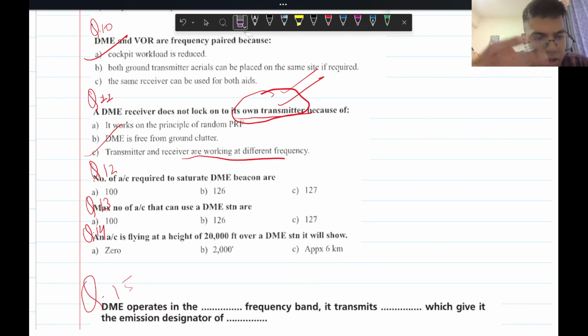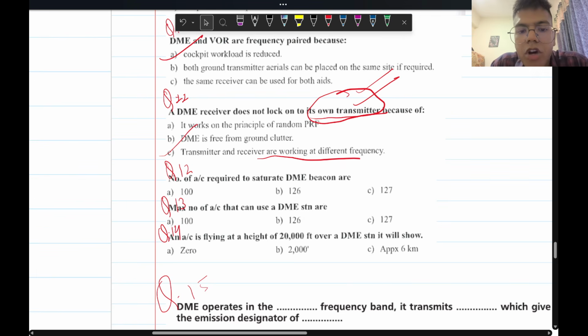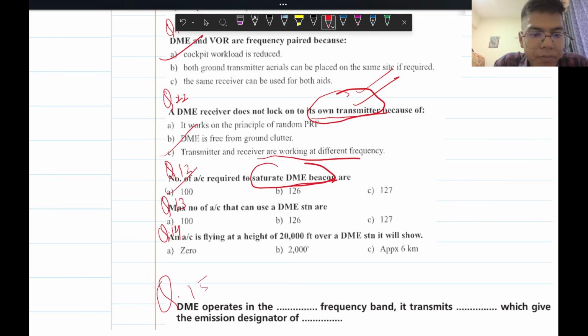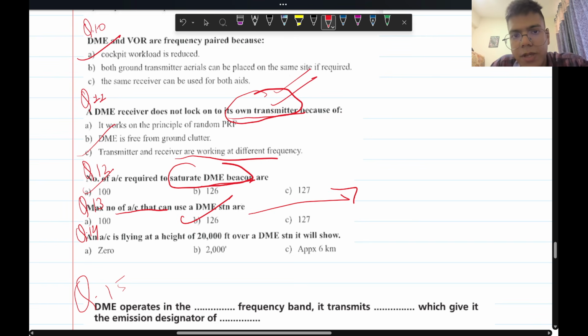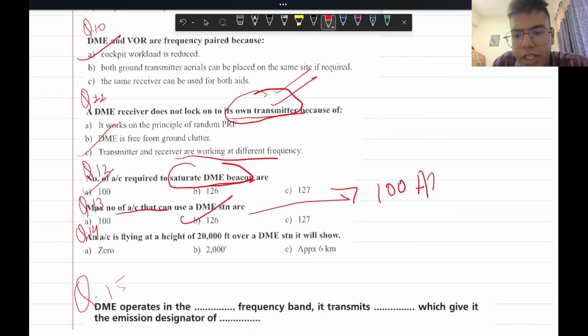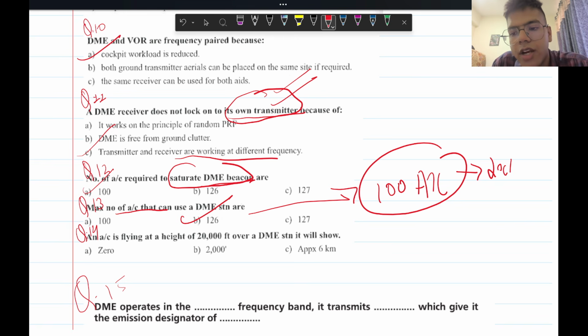It says number of aircraft required to saturate DME beacon is 100 only. Now maximum number of aircraft that can use a DME station is 126. I have written this in the notes above, maybe we missed the point. Now see, 100 aircraft happen when everyone has achieved lock on, but it's not true. Sometimes it is also possible that some of the aircraft are still in the search mode. So in that case, it can accommodate the maximum, 126 aircraft.